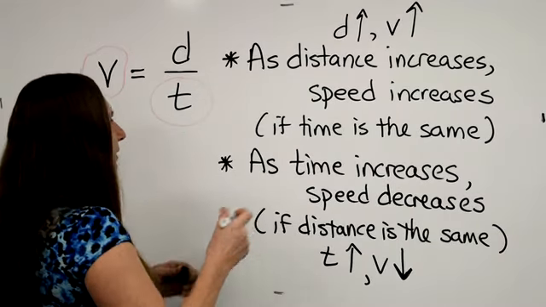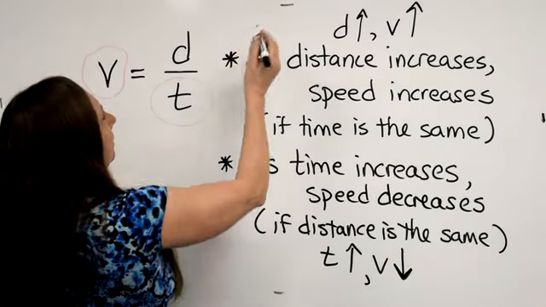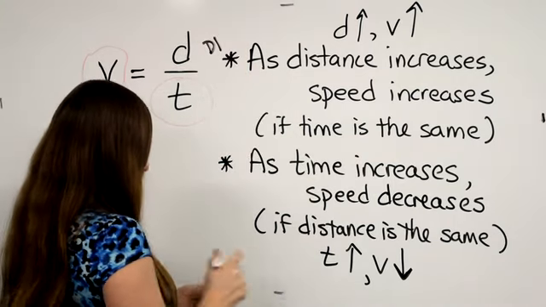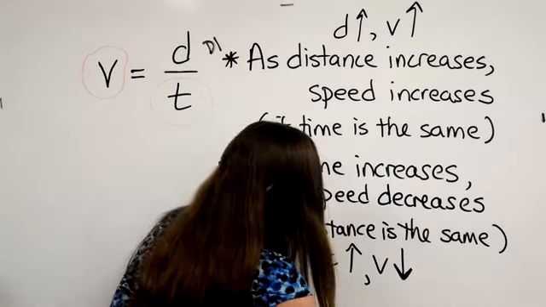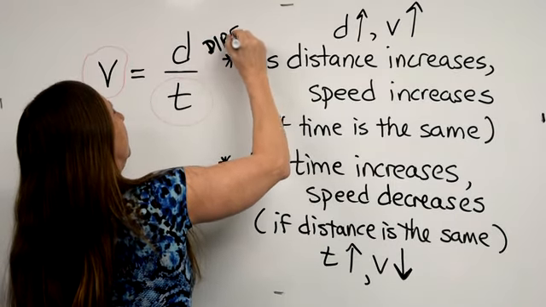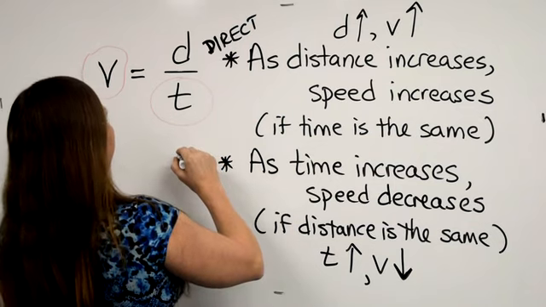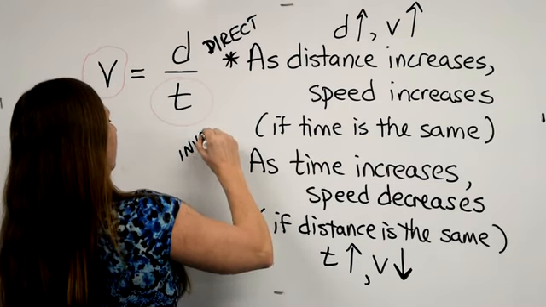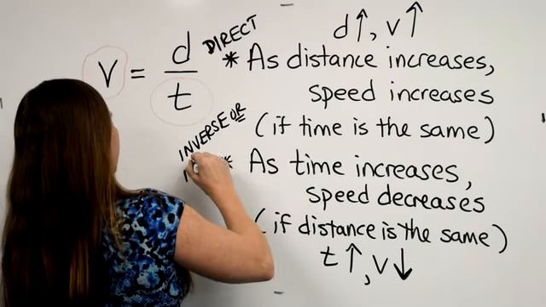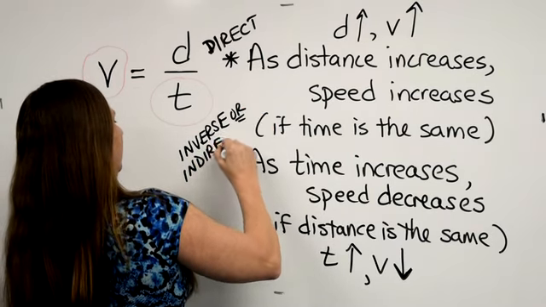I guess you could copy this down. We're going to do it again more specifically, but this is your classic direct relationship. And down here is your classic inverse or indirect relationship. They're synonyms.